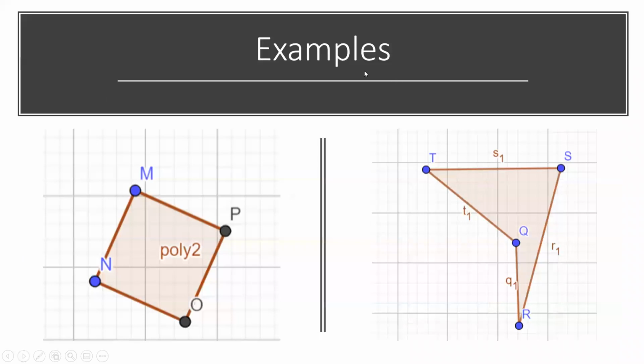All right, some examples for us. Look, for the square here, we will cut it up into 2 triangles. So 2 triangles, marked.